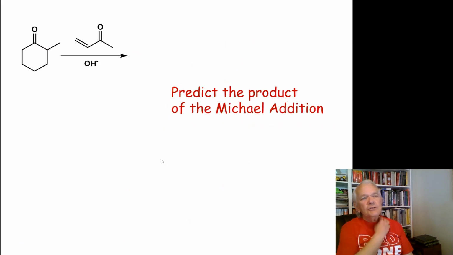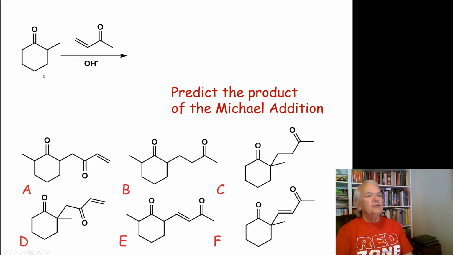Okay, so let's do another one. Here again we have a conjugated carbonyl, and we have this methyl cyclohexanone over here. The question is what the product's going to be. How do you figure this out? Well, the first thing you have to do is figure out which enolate you're going to form. This is hydroxide. It'll give a mixture of both enolates, but the one that's going to dominate is the more stable one.